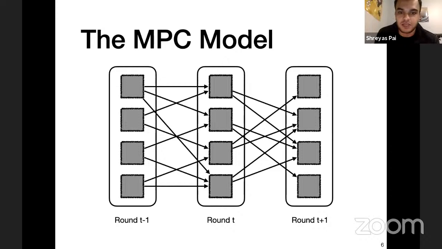The main constraint for this communication is that at a single machine, the total number of messages received and the total number of messages sent in any round is upper bounded by the local memory parameter capital S. Note that a single machine can actually send S messages to a particular machine in round t+1, provided that the receiving machine also receives at most S messages as well.